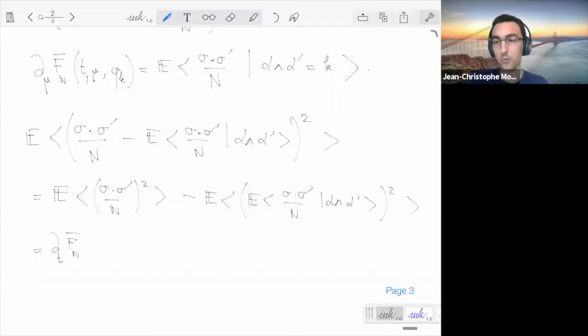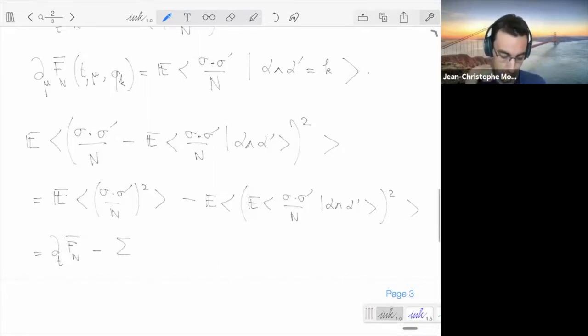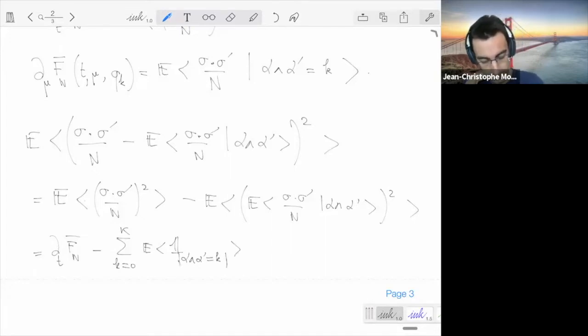For the second term, I'm going to introduce some indicator functions that alpha wedge alpha prime is equal to k, and sum over k, so that I can match with the previous formula. So let's say minus the sum over k of this multiplied by the conditional expectation.